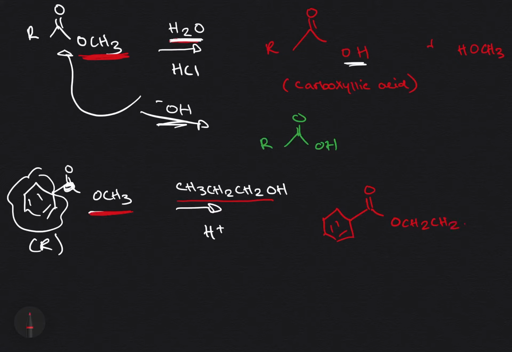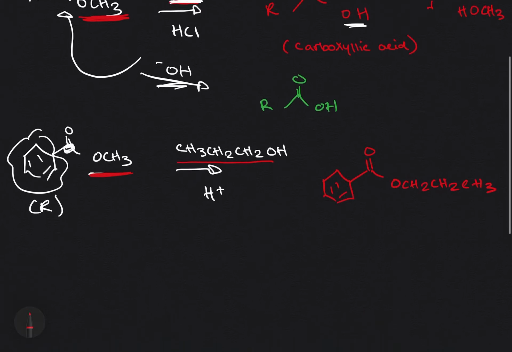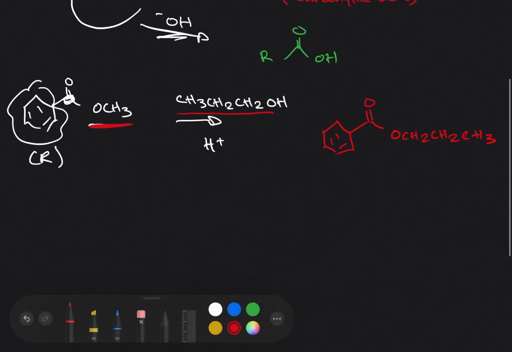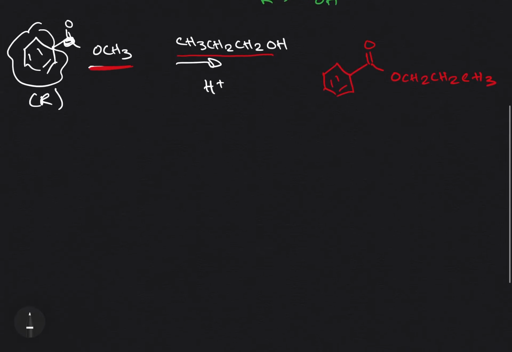CH2, CH2, CH3. Just like that. Hopefully it's pretty easy to visualize how that is just attaching there, and we're just replacing that. But let's go ahead and take a look at another one.